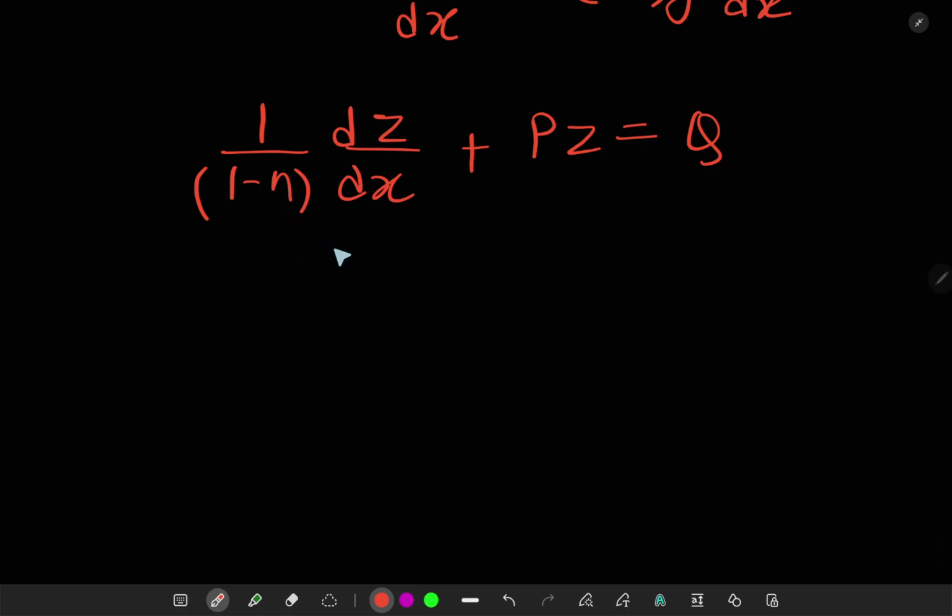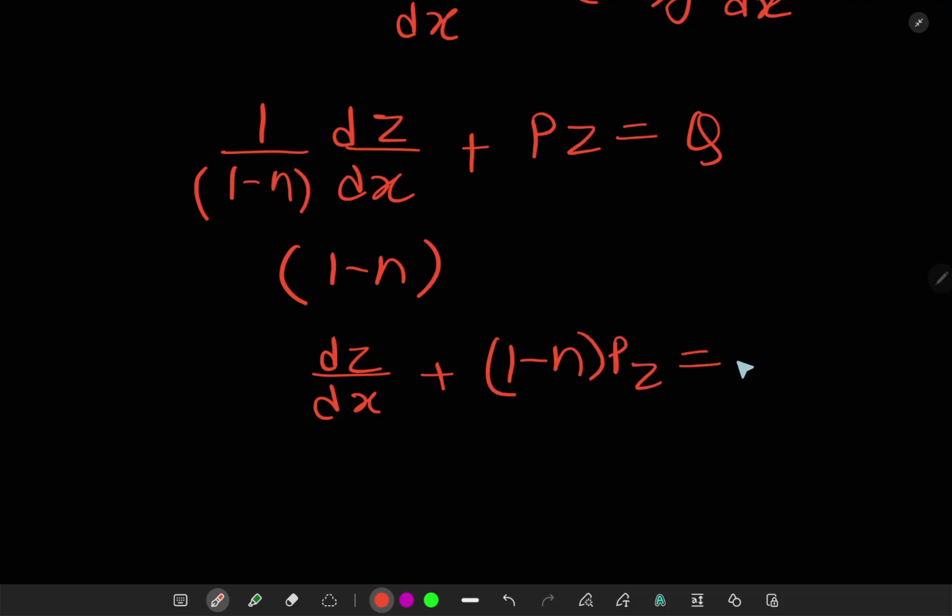Now multiply both sides by 1 minus n, we get dz over dx plus 1 minus n pz equal to 1 minus n into q.